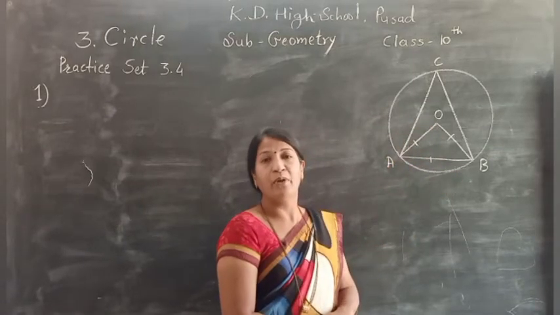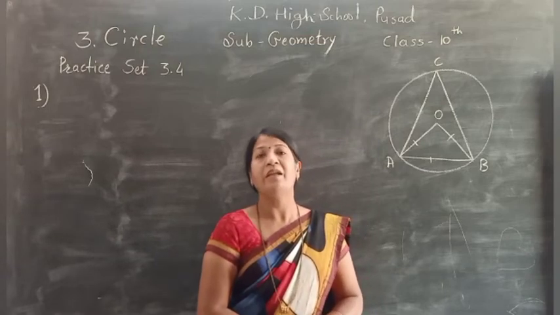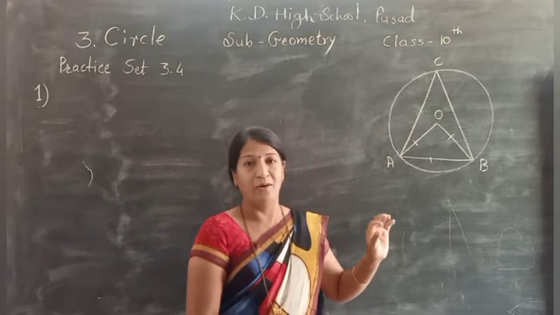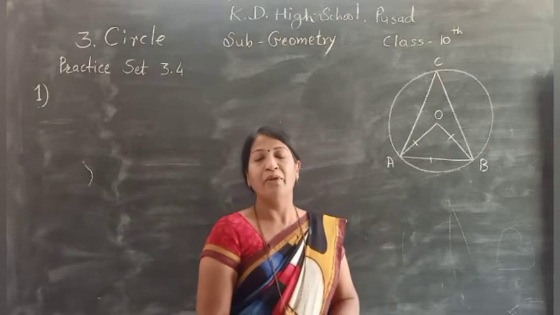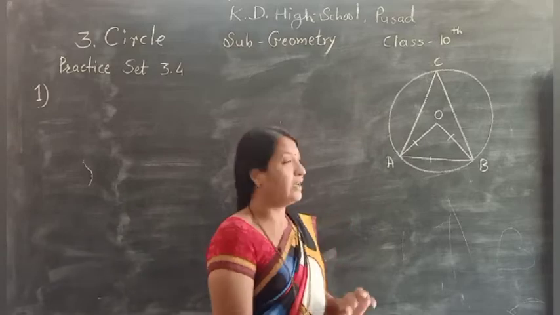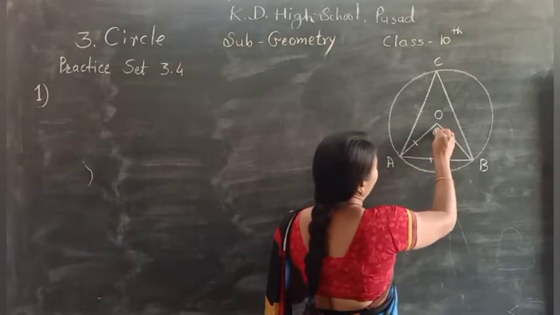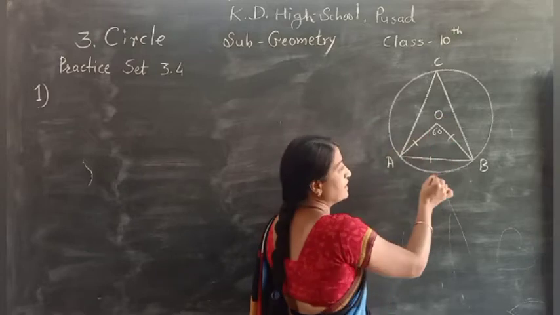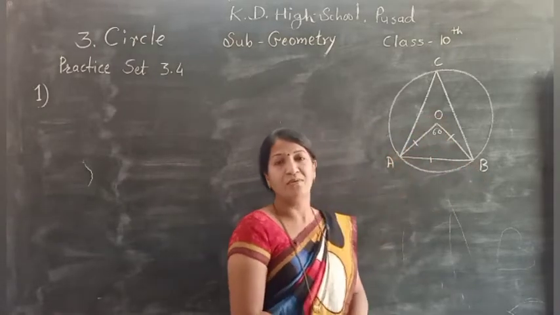OAB is an equilateral triangle and an equilateral triangle is an equiangular triangle. The measure of each angle of an equilateral triangle is 60 degrees. Angle AOB 60, angle OAB 60 and angle OBA is also 60.